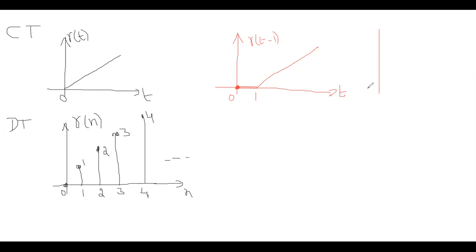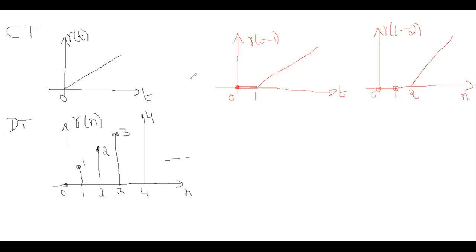Suppose two samples are shifted for the ramp function, r of t minus 2. The 0 is 0 and 1 is also 0, and now it starts at 2. The value is 1. Okay. Like this, the continuous time function shifts towards the right side.